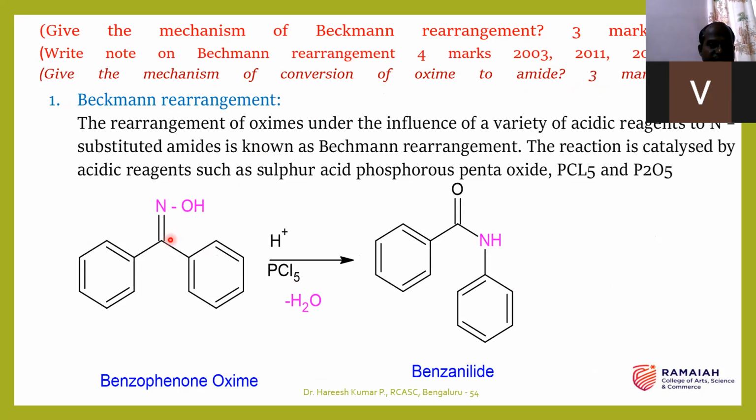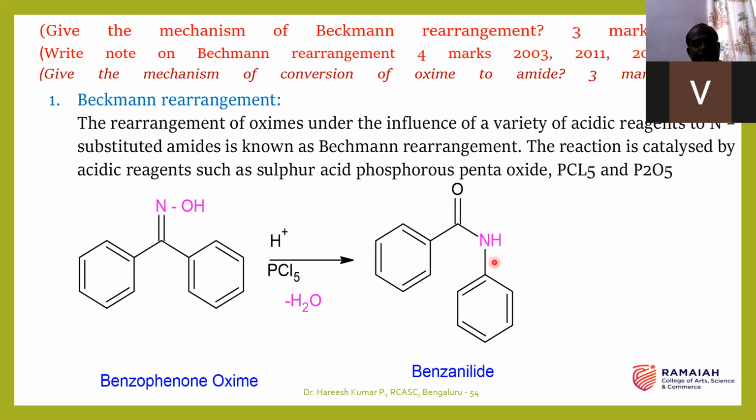This kind of C double bond NOH functional group containing compounds are called oxime. So this oxime, when it is treated with acid, the source may be phosphorus pentachloride or thionyl chloride or phosphorus oxychloride. So what will happen? A substituted amide is obtained.